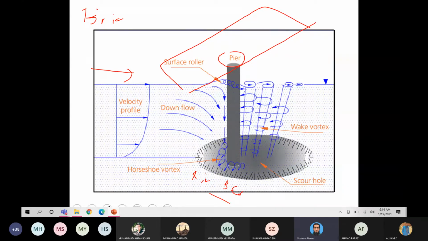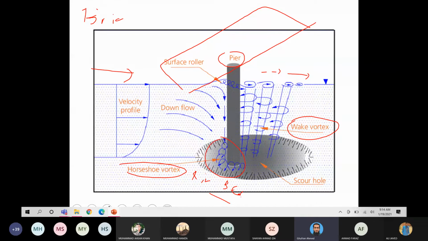So due to this vortex flow, these are the vortices. Now there are two types of vortices in this flow phenomena. One is the wake vortex, which moves in a straight direction along the flow, and the other one is the horseshoe vortex, which is created at the bottom of this bridge pier.